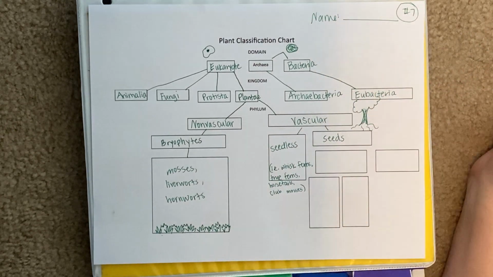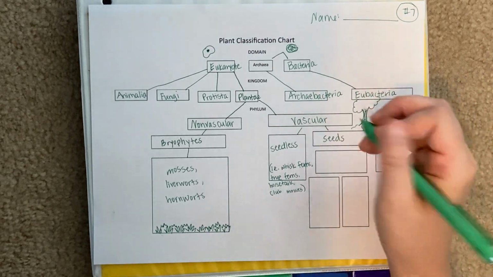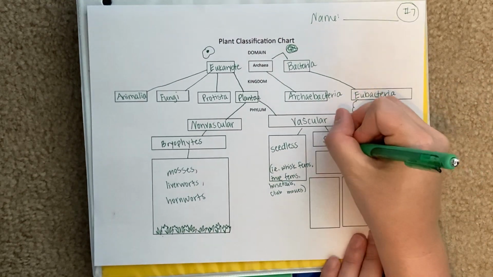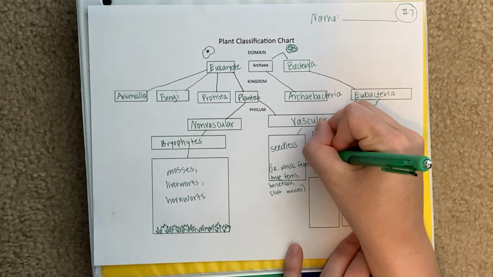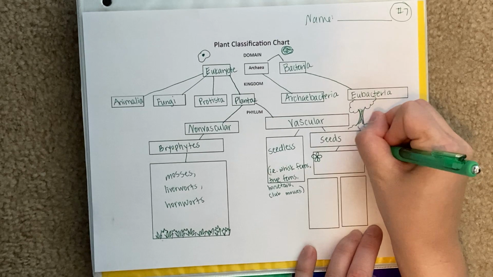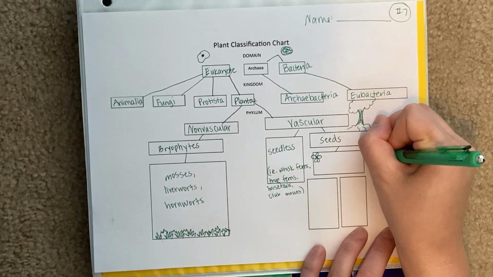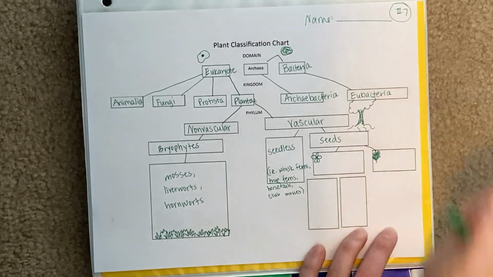Among those that do reproduce by seeds, there's two different ways to harvest those seeds or to grow those seeds. Those that reproduce them inside of a flower, okay, and those that reproduce their seeds inside of either a hard cone or a berry.